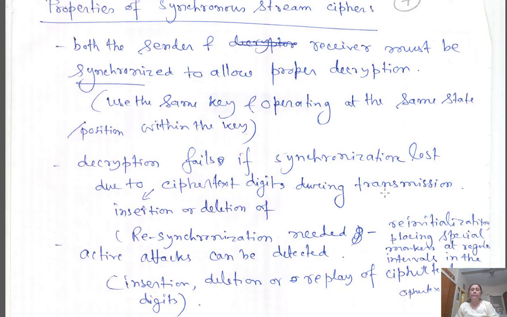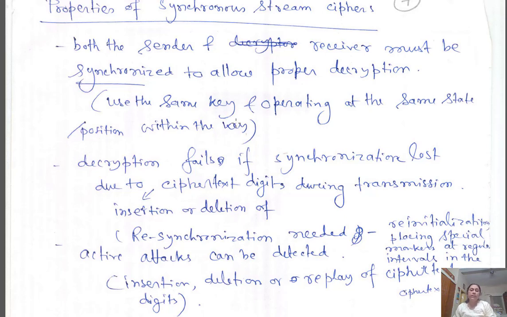In that case you have to resynchronize the whole system. Either you reinitialize the whole system, or place special markers at regular intervals in the ciphertext. You can do resynchronization in this way, so you have to think of how to devise resynchronization techniques and incorporate them.